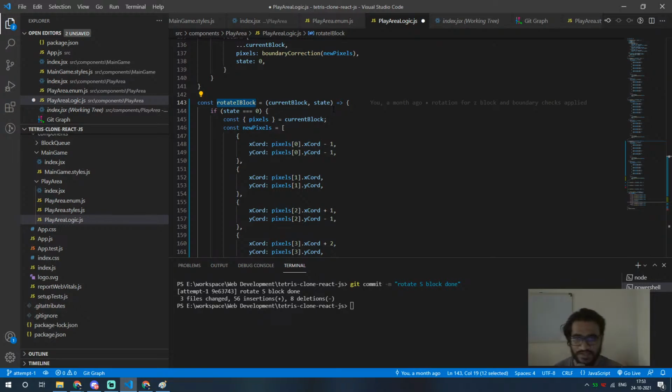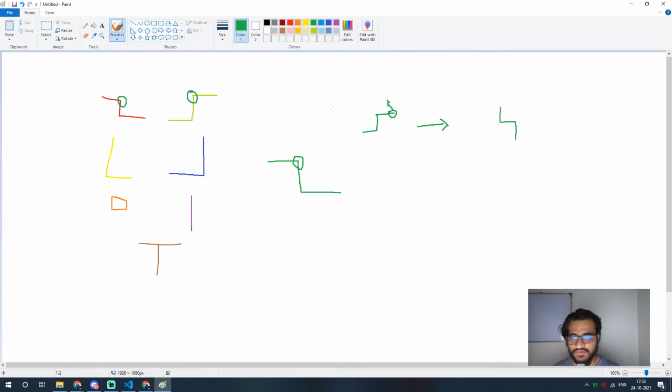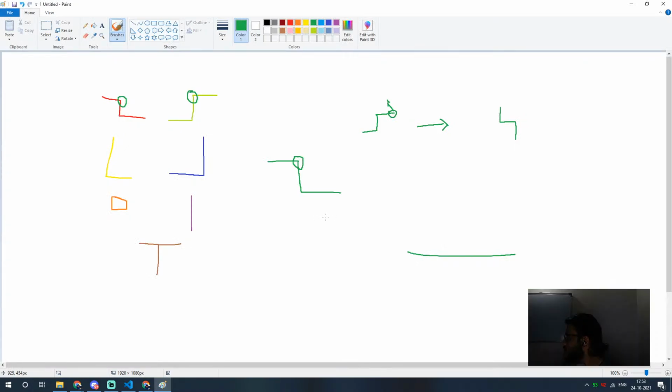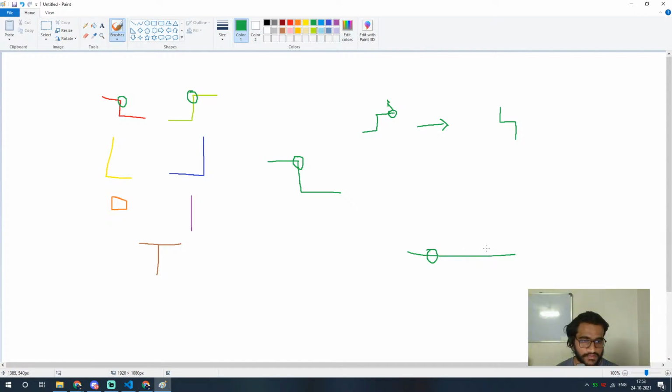I think 4 states would be fine. First we will keep the second pixel as the anchor point, then we would keep the third pixel as the anchor point.